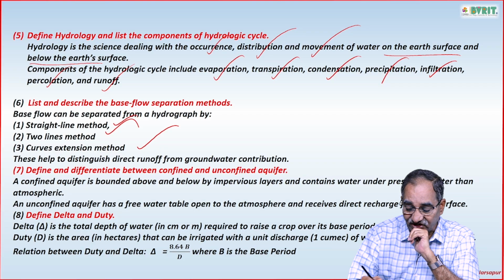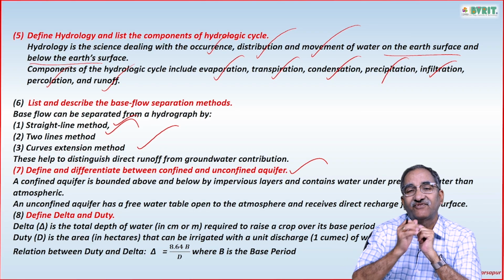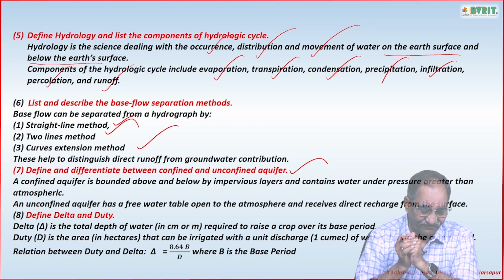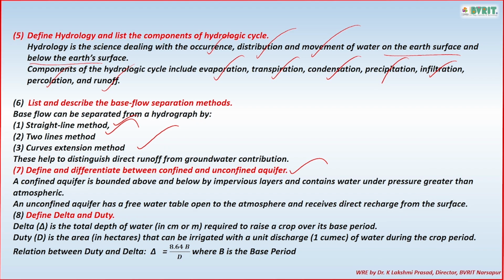Define and differentiate between a confined aquifer and an unconfined aquifer. A confined aquifer is bounded on both the top and bottom surfaces. Suppose you take these two layers: this is an impervious layer and this is also an impervious layer. The water present between the two impervious layers is what we call a confined aquifer.